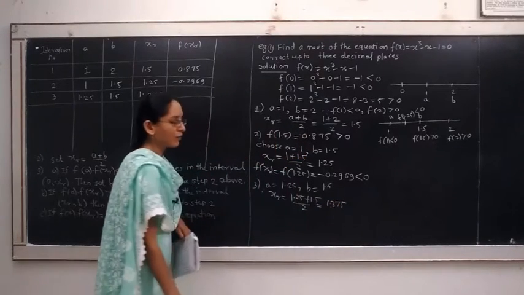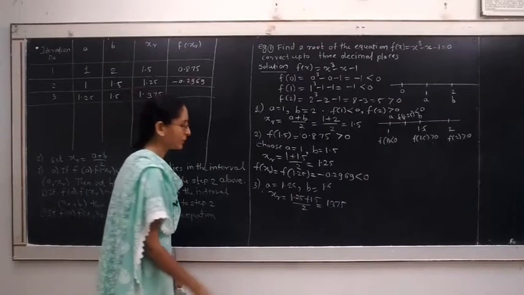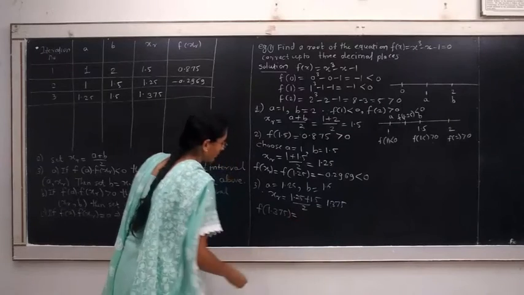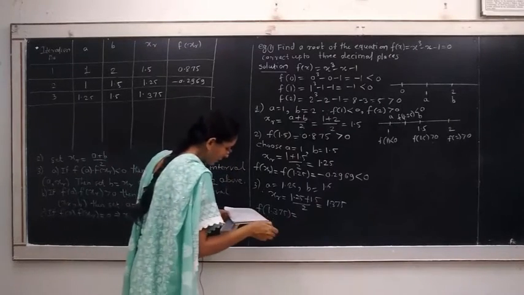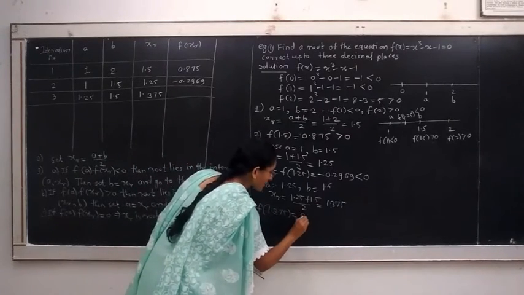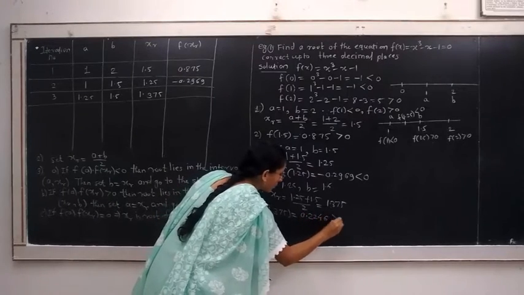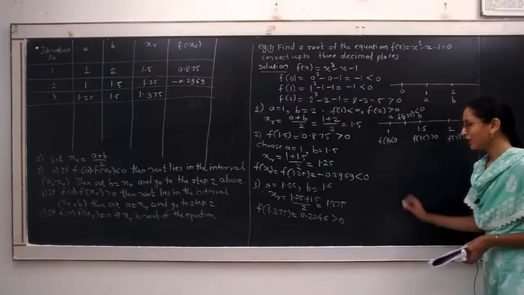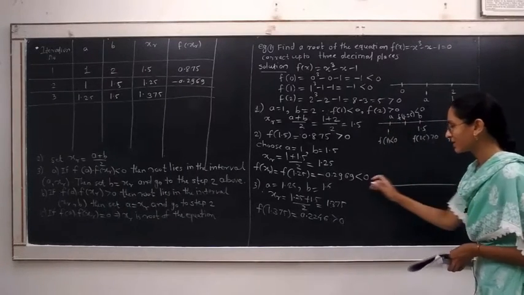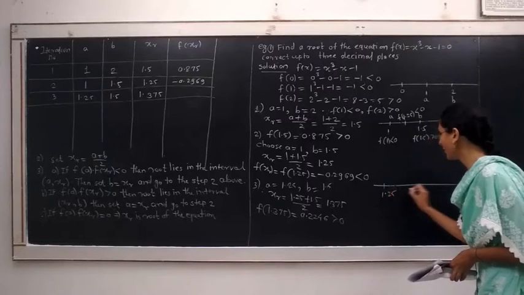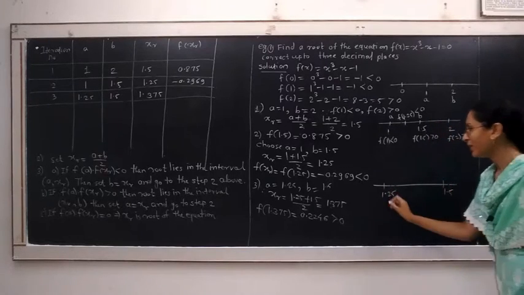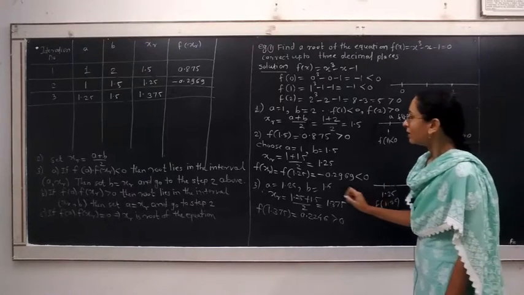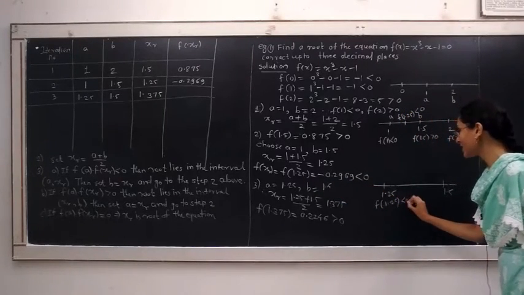Now we check the sign for f of 1.375. F of 1.375 is equal to 0.2246, positive. Now we are checking the root of the equation between the two numbers 1.25 and 1.5. We have f of 1.25 negative, less than 0.